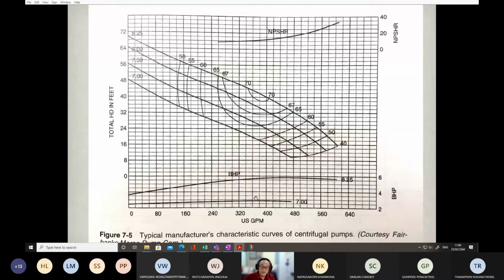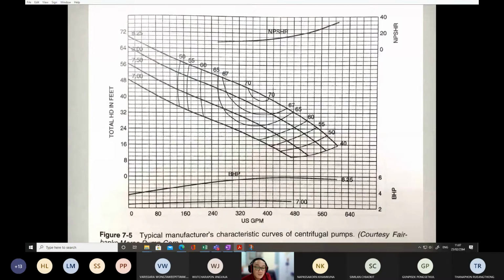As I mentioned, if we have two choices, which one would we go for? 8 is also okay. 825 is also perfect. So which one would we go for? If both can actually carry the sufficient flow rate we want at the elevation or the height we want, then we have to look for another criterion. Another criterion is the efficiency.